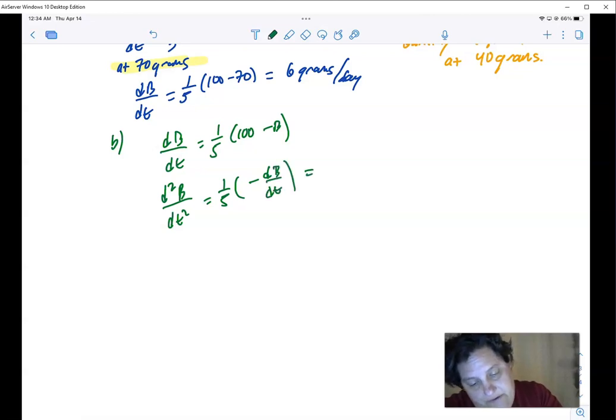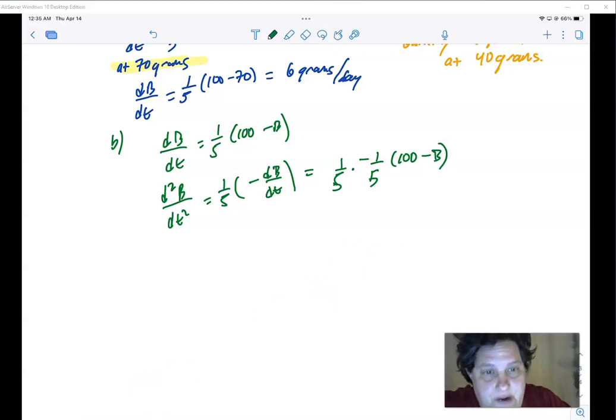Ooh, a negative. So it's 1/5 times negative 1/5 times 100 minus b. My second derivative is negative 1/25 times 100 minus b.